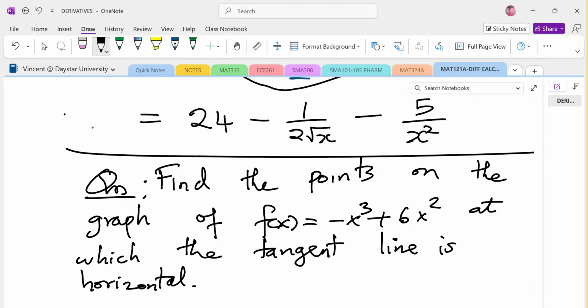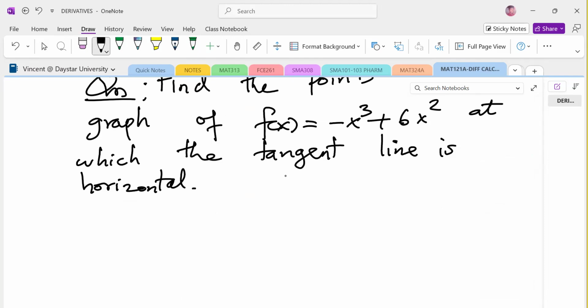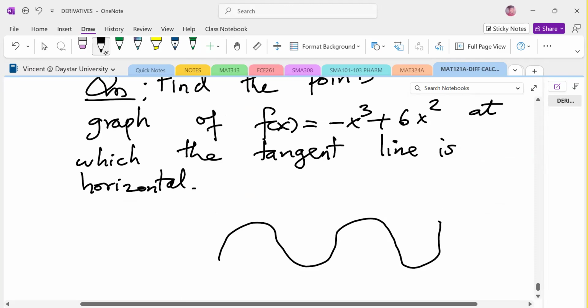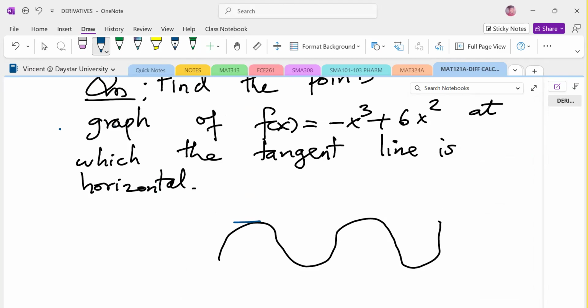Can you visualize, when we say the tangent is horizontal, what do you expect to be the value of the derivative? Let me draw an arbitrary graph. So if this is an arbitrary function, and at this point this is a tangent, this tangent is horizontal.